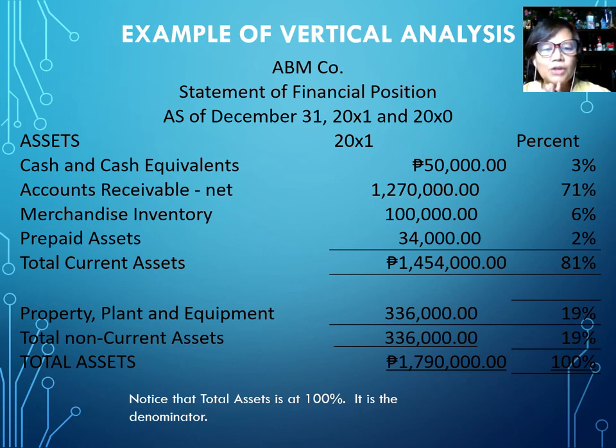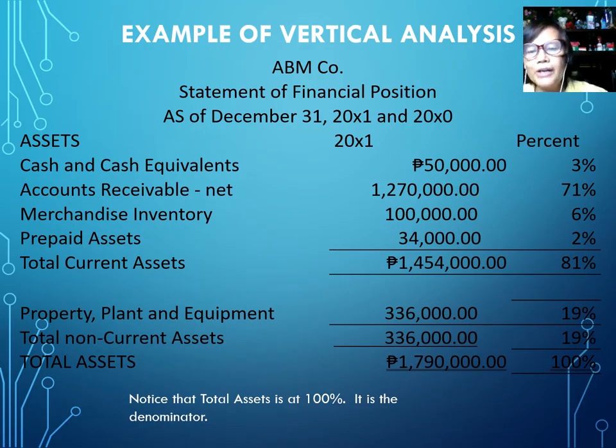And then the total current assets, if we are going to add, we have 3 plus 71, 74, plus 6 is 80, and then plus 2, 81. But there is a difference because of decimal points. Okay?